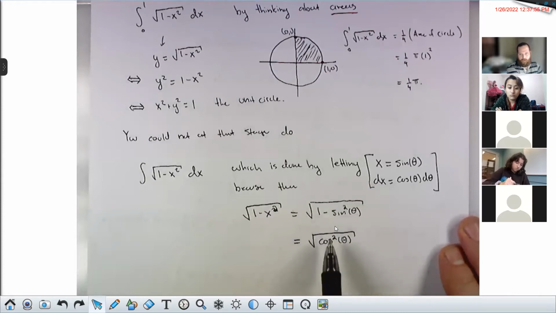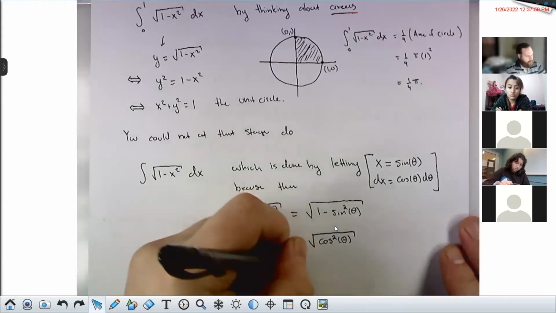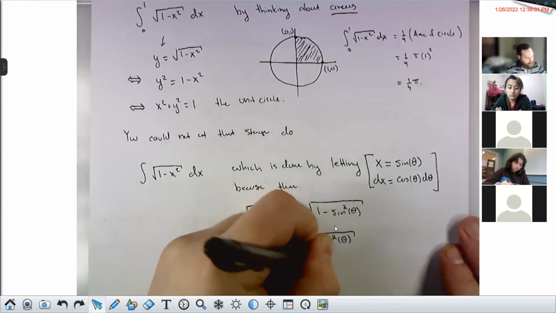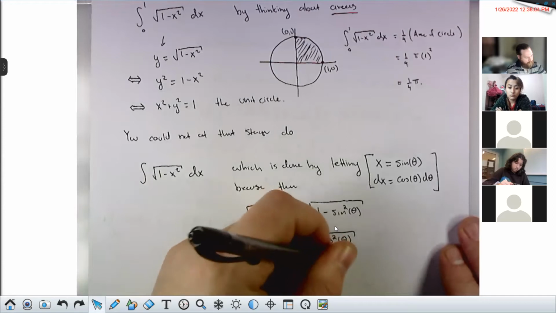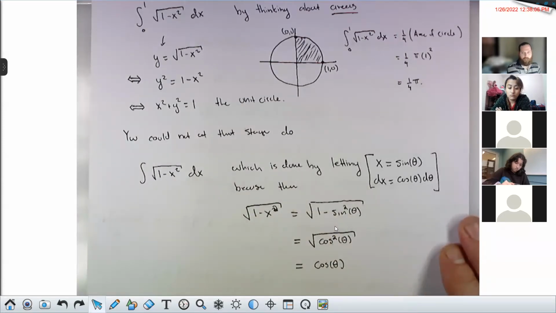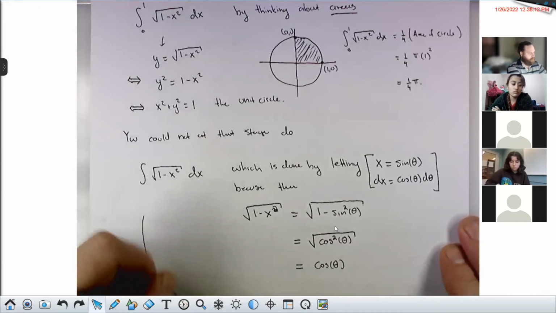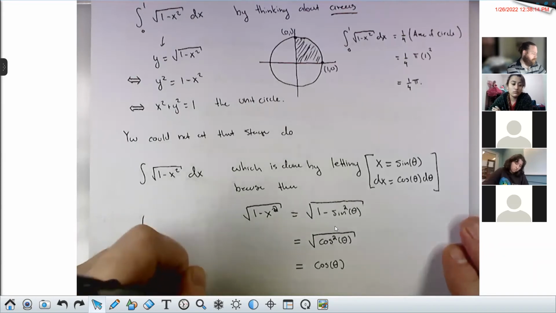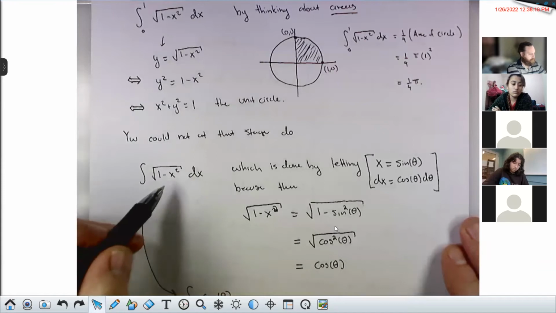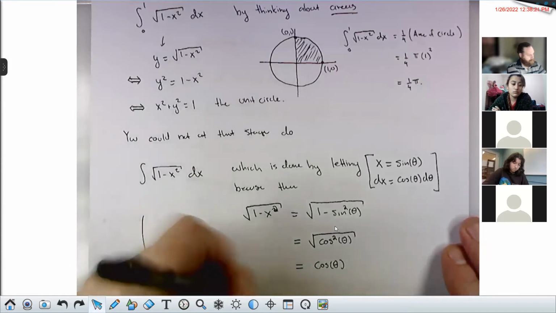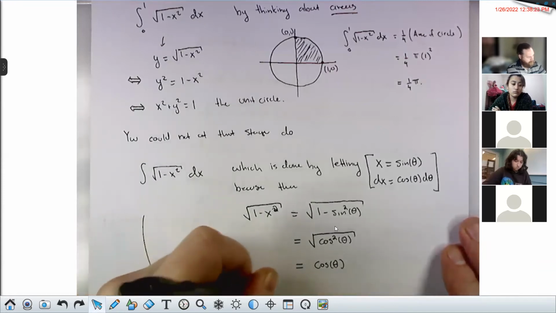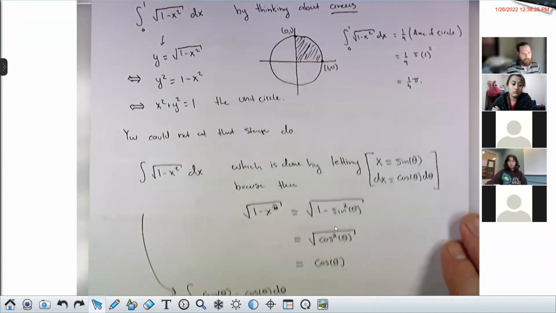But that identity turns those two terms into one term. The square root of cos squared theta is cos theta. So we get rid of the square root. So this integral becomes the integral of cos theta, that's from the square root, times cos theta d theta.